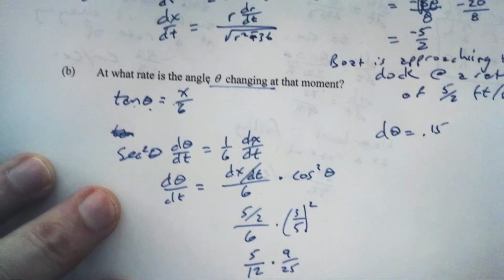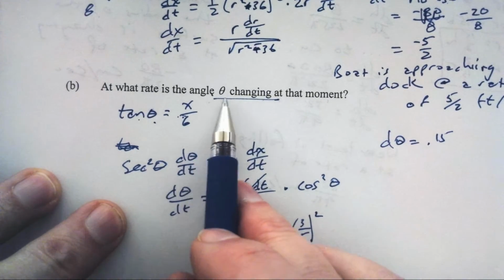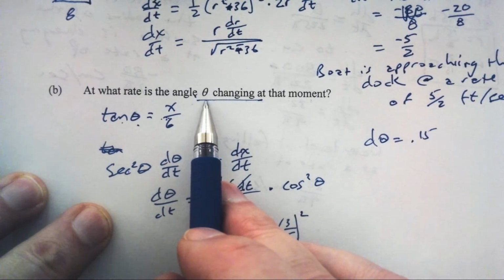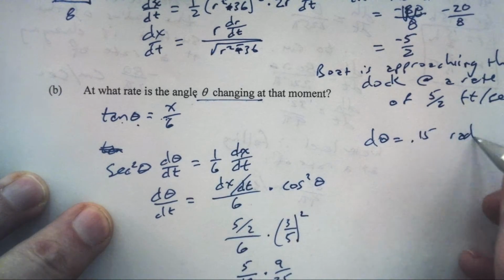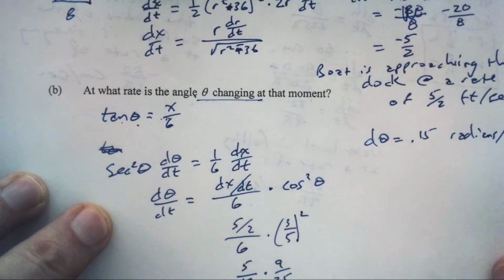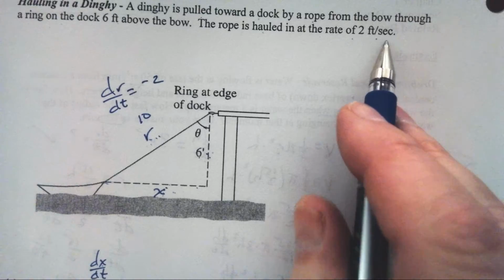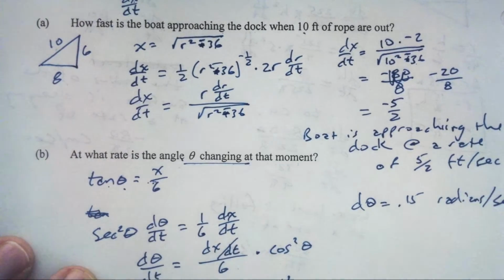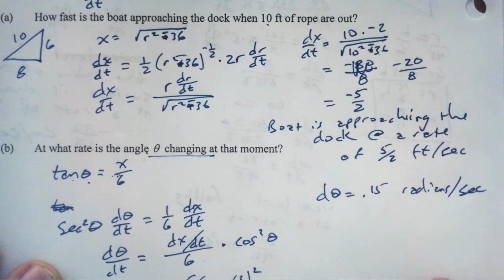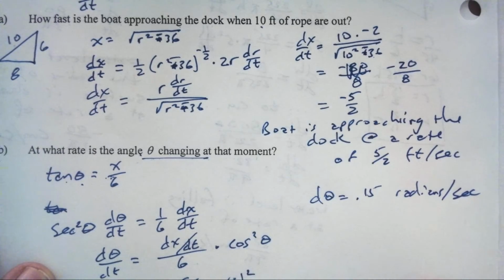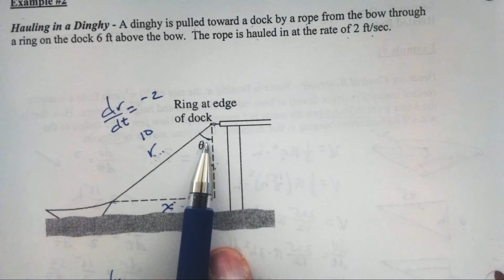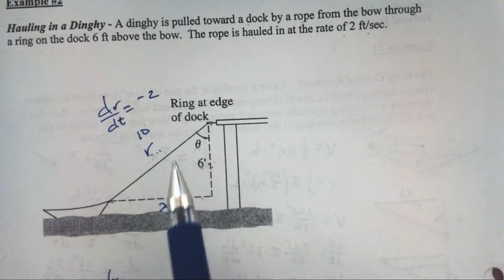Now, what is that 0.15 unit rate? Here's the beauty of radians. It is just a flat-out radian measure. Radians per our time unit, seconds. So is it increasing? Is it decreasing? At what rate is theta changing? Well, it doesn't say at what rate is it decreasing, and it is definitely decreasing as the rope gets pulled in, the boat's getting closer.